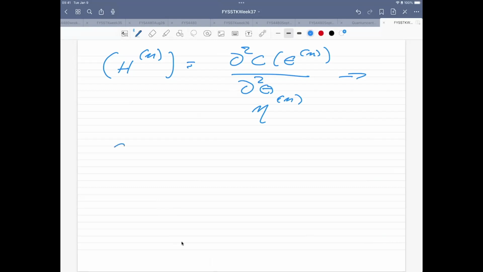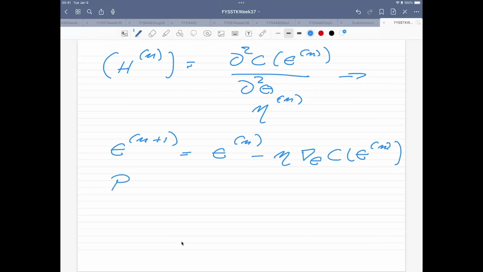And then we simply had what's called the plain gradient descent, where we have an update rule of minus this eta, and eta is just a constant multiplied with a gradient. This is normally called the plain or simple gradient descent, or just gradient descent.